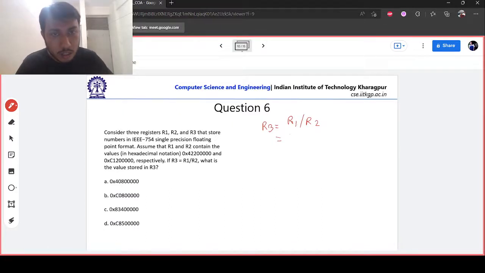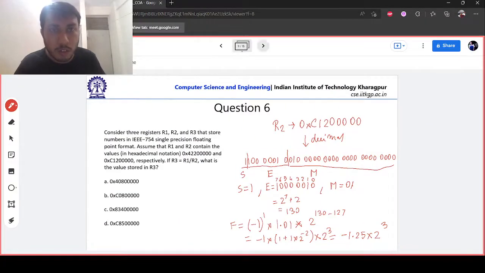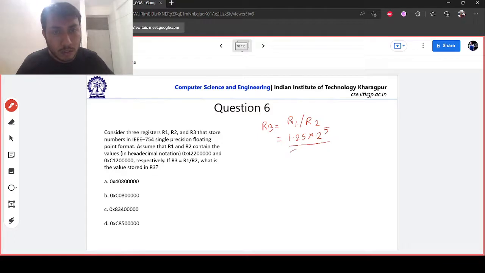So that is 1.25 into 2 to the power of 5 divided by R2. R2 is minus 1.25 into 2 to the power of 3. So that is minus 2 to the power of 2. Right? This is the final one.